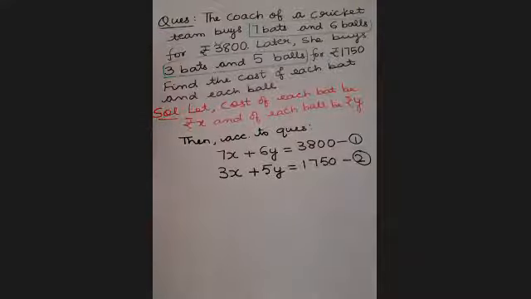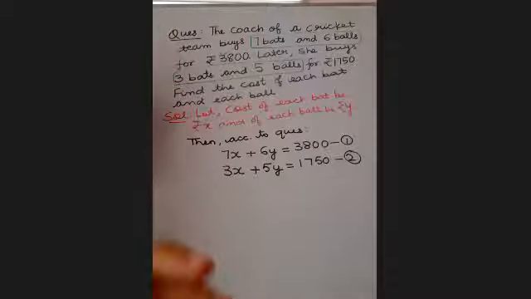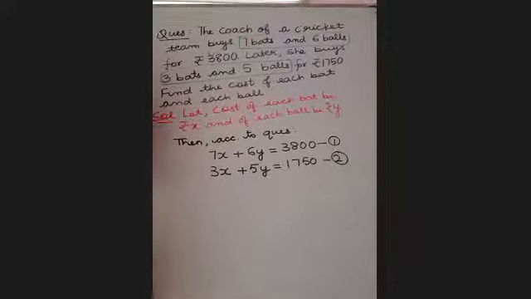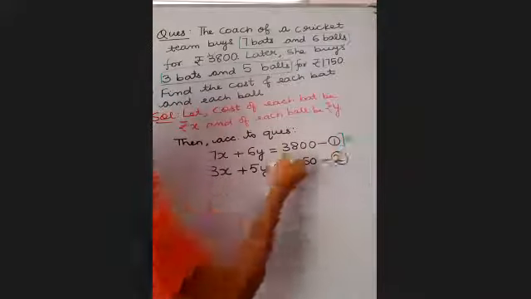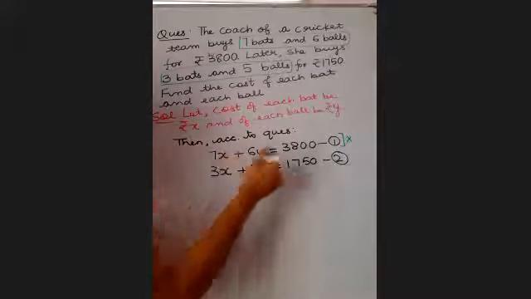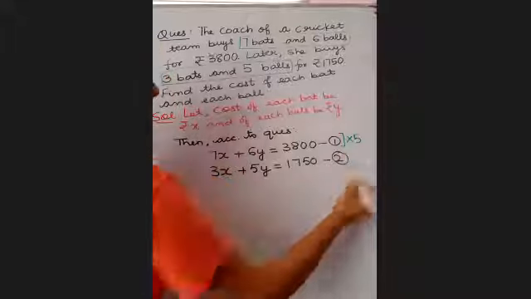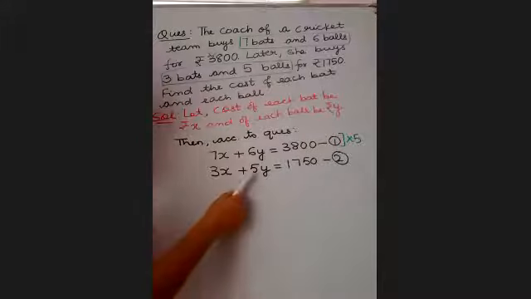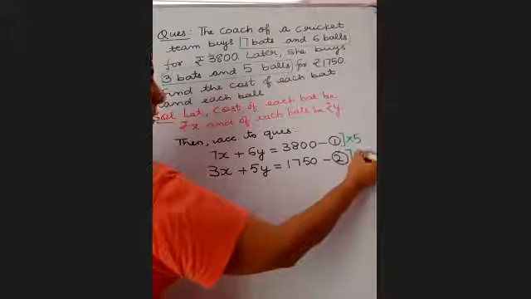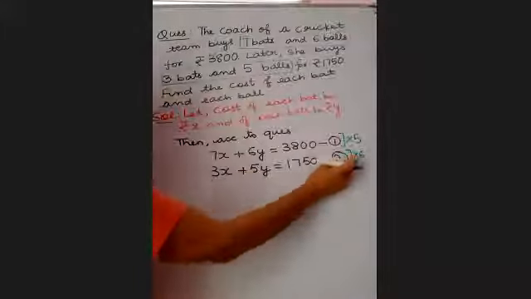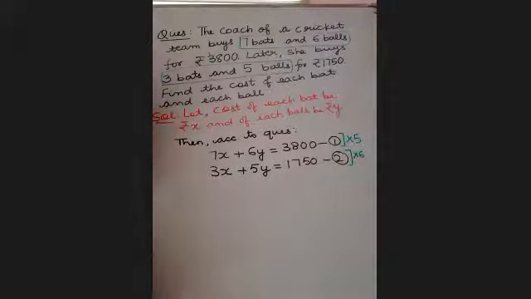Y. If you want to eliminate y, the first equation should be multiplied by 5, so that 6 into 5 gives you 30, and the second equation by 6, so that 5 into 6 also gives you 30.